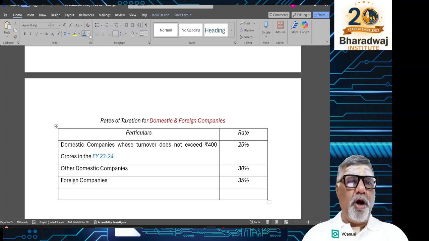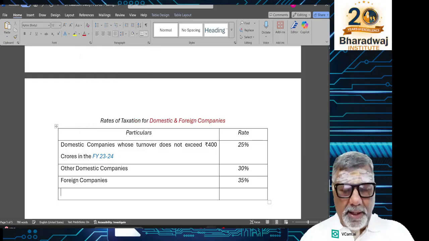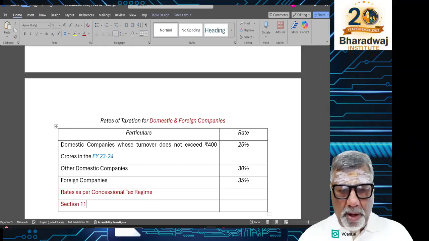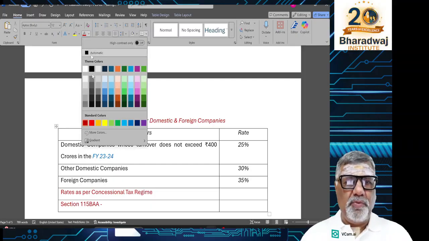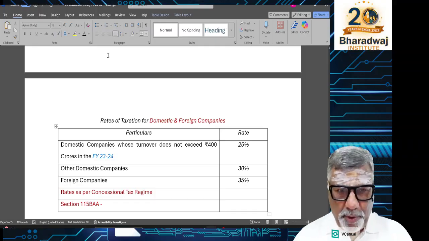Now I go according to the new tax regime. Rates as per concessional tax regime. Section 115BAA. This is the mistake I did, so I request you to correct in your notebook.